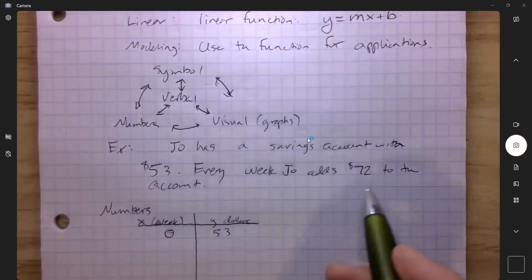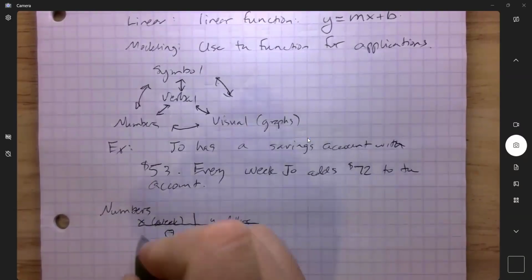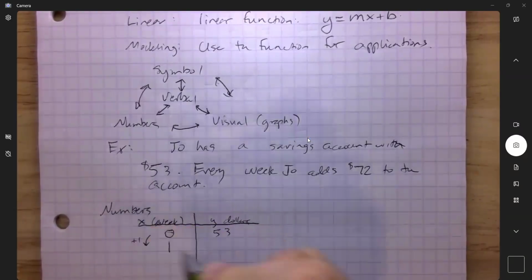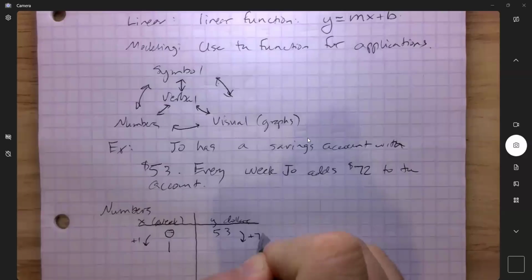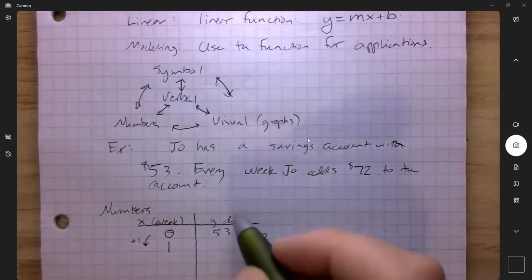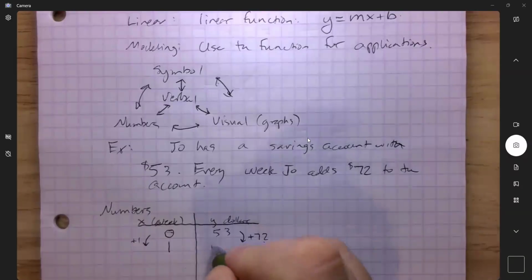And every week, Joe adds 72. So when we move up 1 week, we're going to add $72. And this is the key to make it a linear modeling, is it changes by addition or changes by subtraction. That's $125 there. After another week, we're going to add another 72, which is 197.